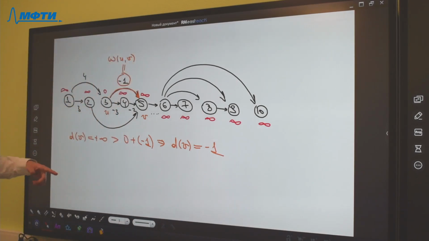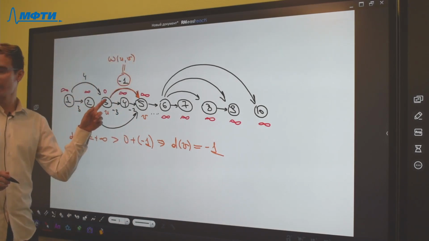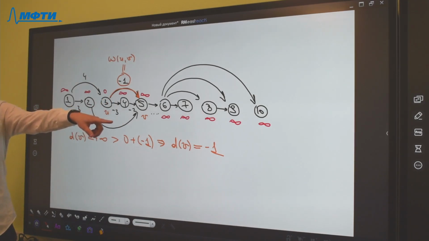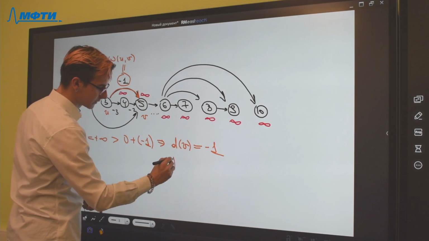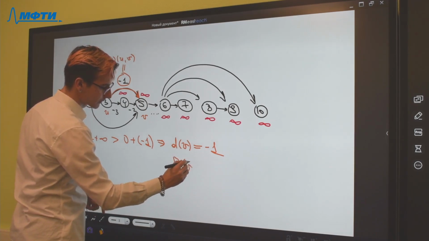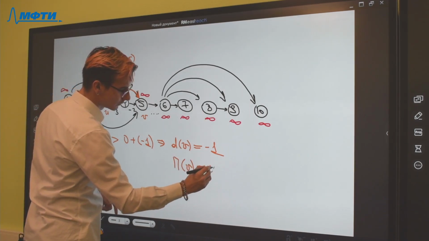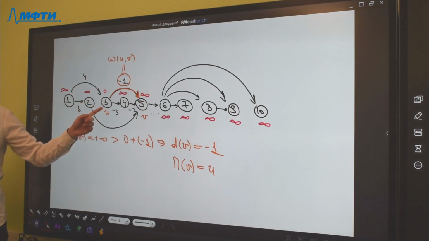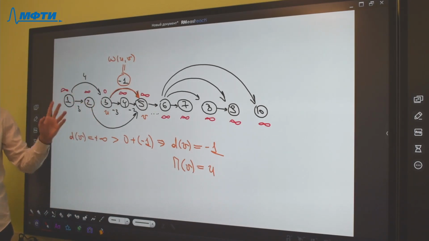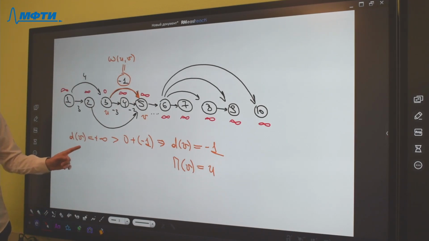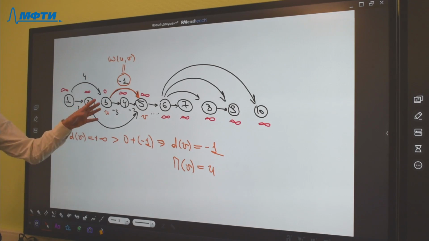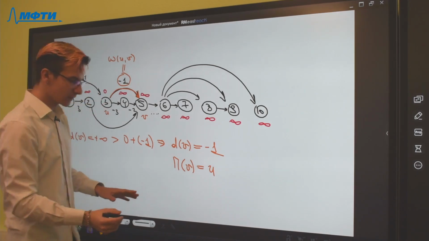And then in the next row, the predecessor of vertex v is equal to u. Now it is the third vertex.